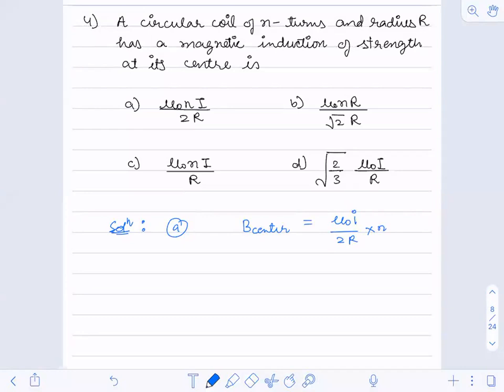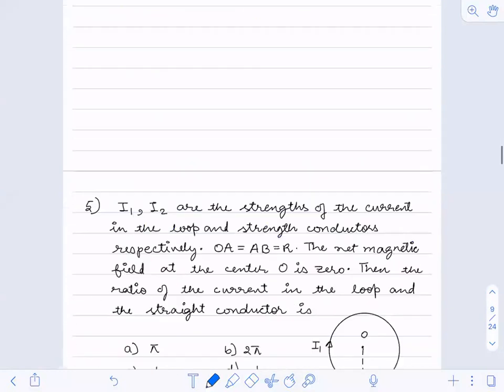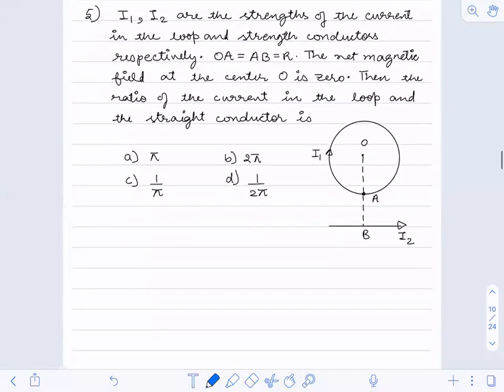Fifth question. I1 and I2 are the strength of current in the loop and in the straight conductor. So I1 is the current in the loop, I2 is the strength of current in the straight conductor.